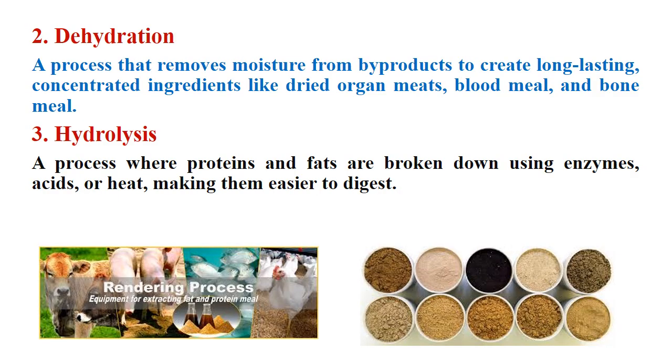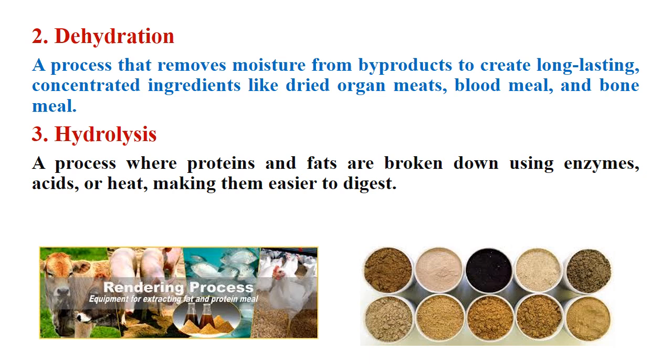The second important step or processing for the byproduct is to remove the moisture so that it can be stored for a long time and all the ingredients or nutrients get a concentrated shape. So here all the organ meats or blood or bone can be processed and made into meals.